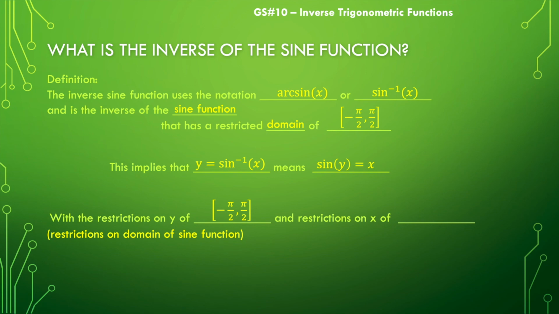And so that means that the restrictions on x of the sine inverse function are going to be from -1 to 1, and those are the same as the restrictions on the range of our original sine function. Okay, so we're only using a limited amount of the domain of our original sine function, right? Okay, so that limits our range as well.